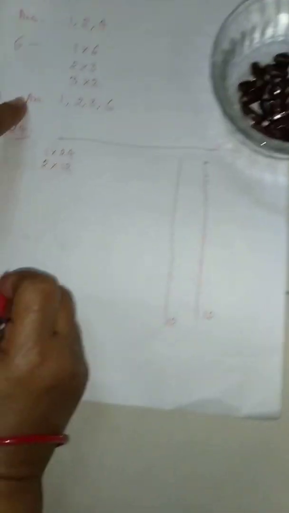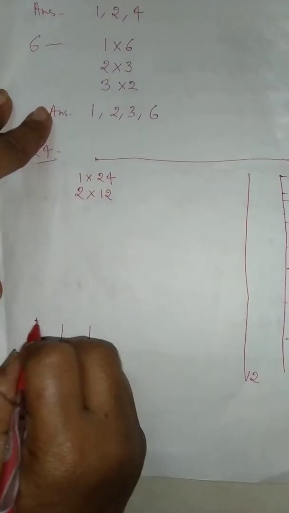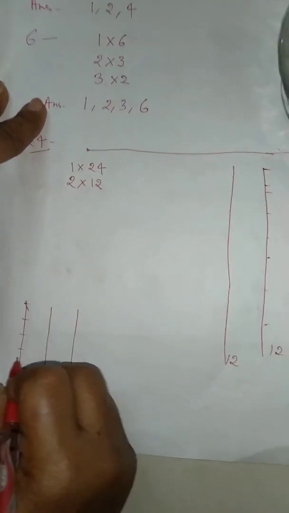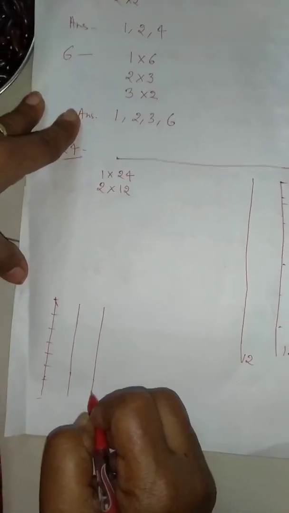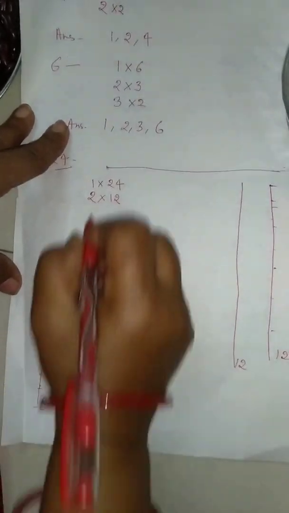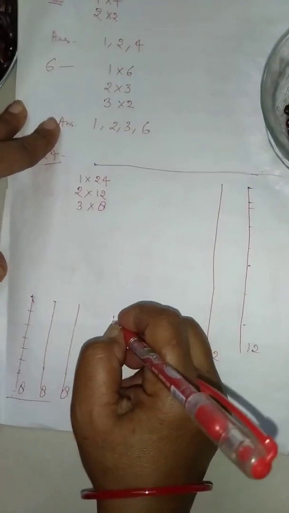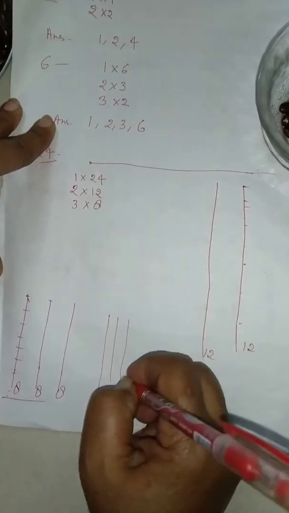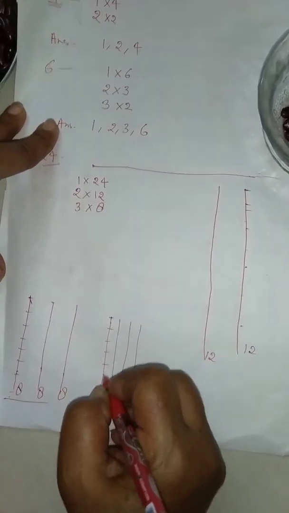Other method, 3 lines: 1, 2, 3, and 8 in each, 1, 2, 3, 4, 5, 6, 7, 8. Okay, 8, 8, 8. 3 into 8. Next method, 4 lines: 1, 2, 3, 4, with 6 in each, 1, 2, 3, 4, 5, 6.